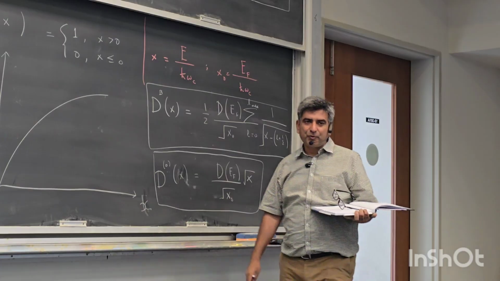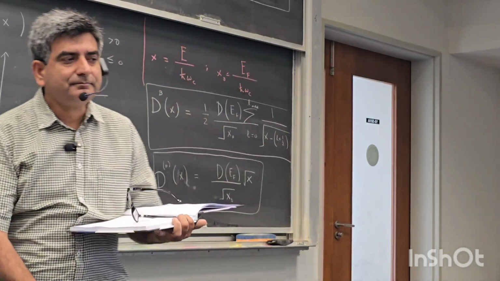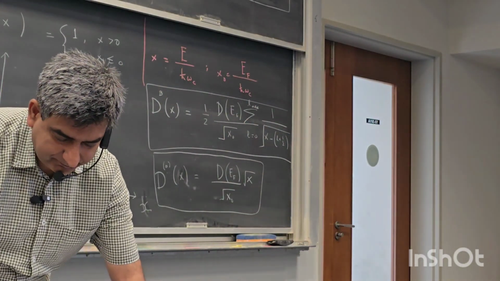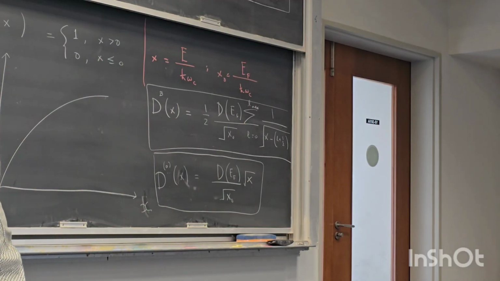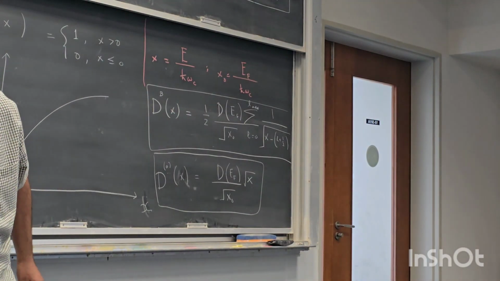So let me show you what this plot looks like. As x goes up, it's going to go down. When x equals that singularity point L plus half, it's very high. So it's like a peak.